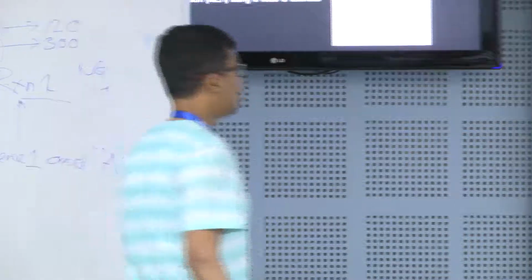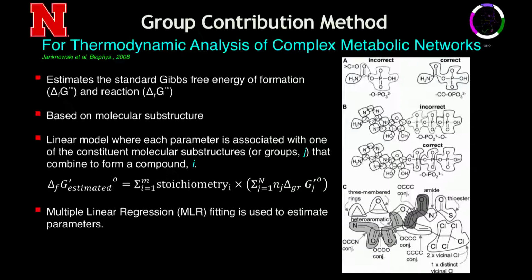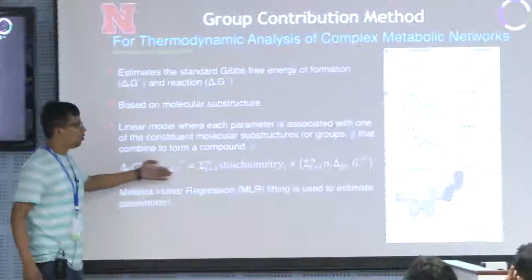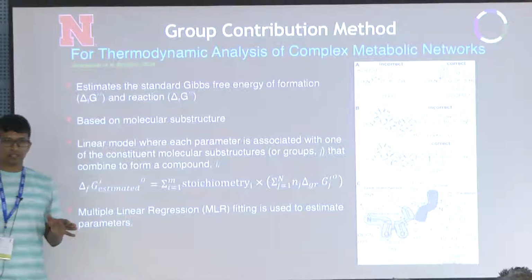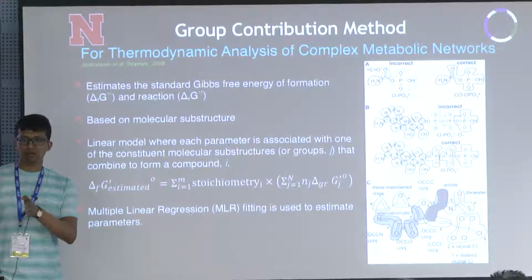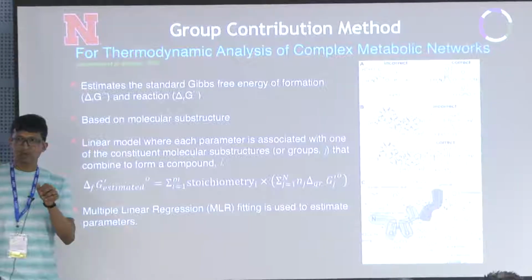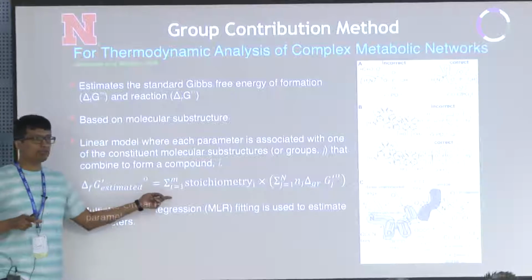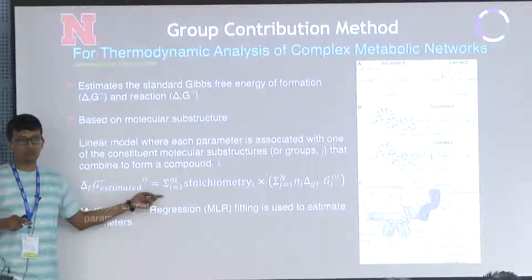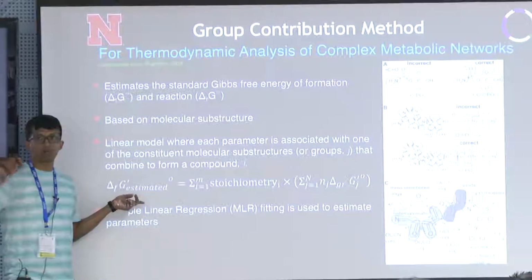So, basically the way it will work is, if you look at this equation, let us do this exercise. If I can break my compound down into multiple different fractions, and if I can estimate the delta G of those fractions by using this simple summation rule, I can find out the delta G value of formation of my compound.